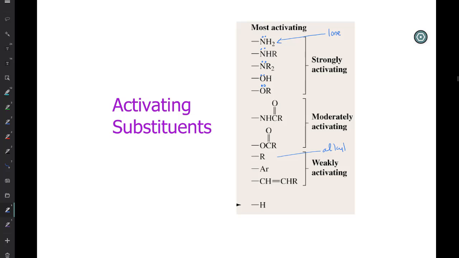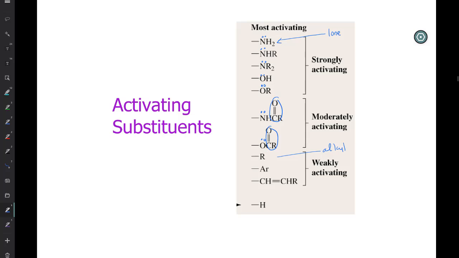Now, there are moderately activating substituents. The moderately activating substituents have a lone pair adjacent to the ring, but this lone pair usually has a group, like a carbonyl group, adjacent to it, which then competes in resonance with that nitrogen's ability to donate to the ring.